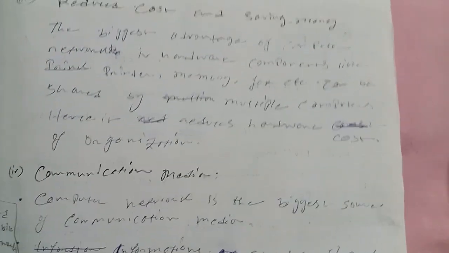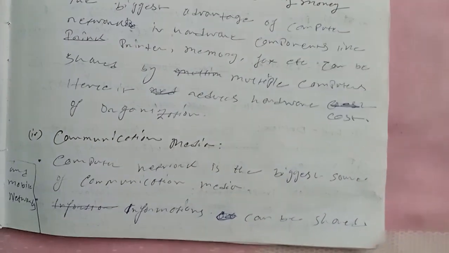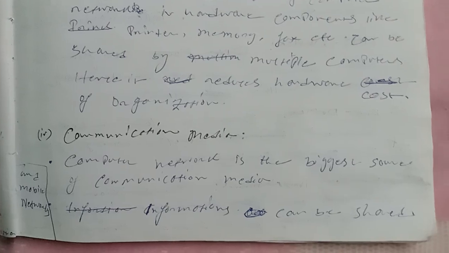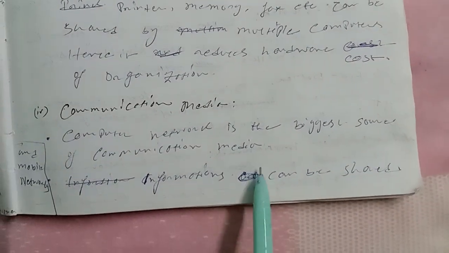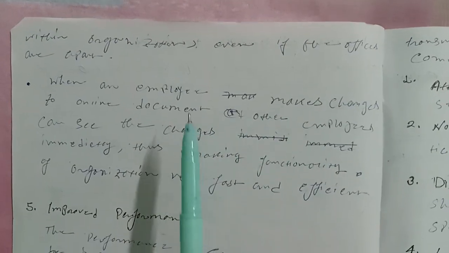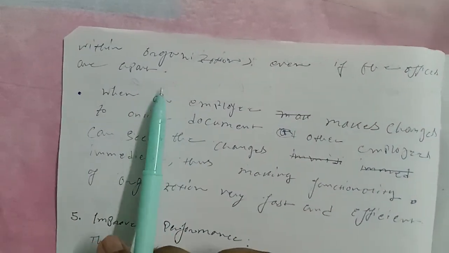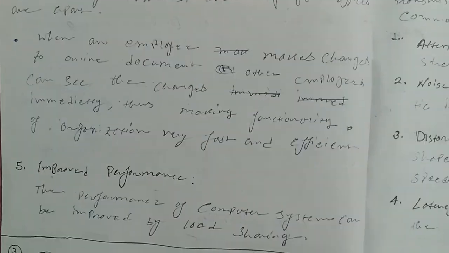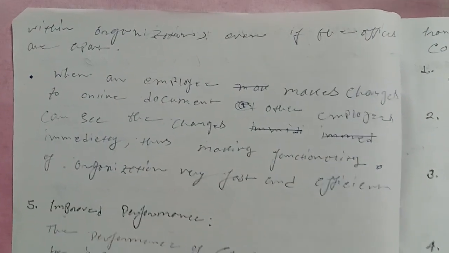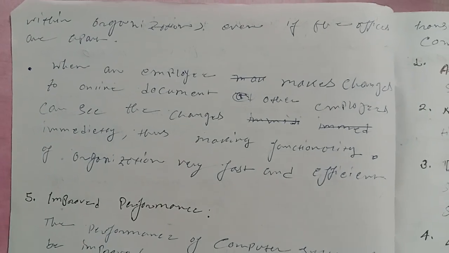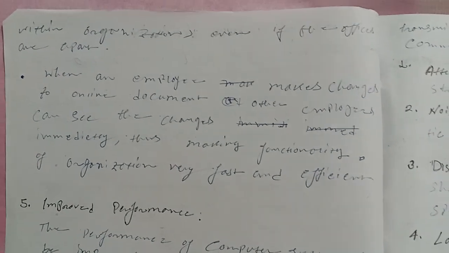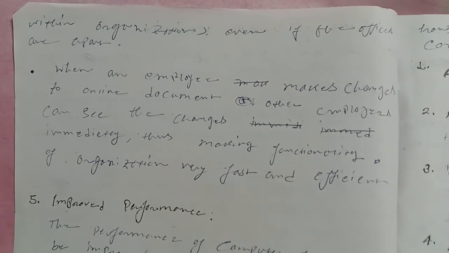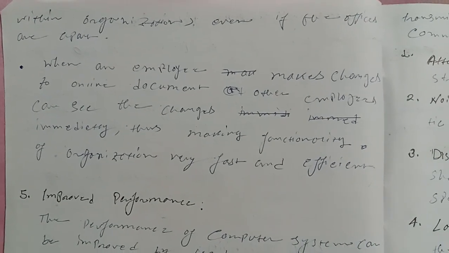So the communication medium. In the case of communication medium, a computer network is the biggest source of communication media. Information can be shared within the organization even if the offices are apart. So because of computer networking, even if the offices are apart, we can virtually access the data we need to share with each other and work with.